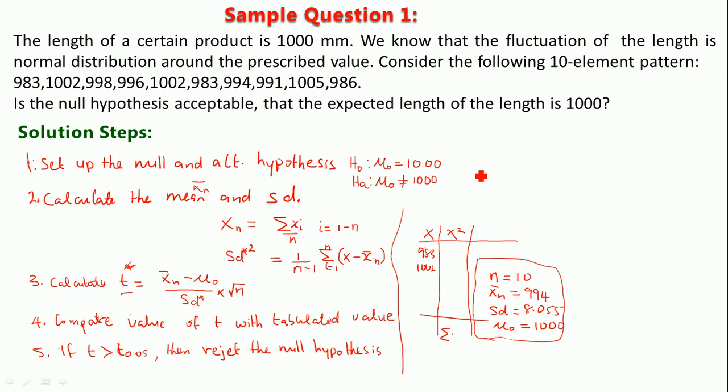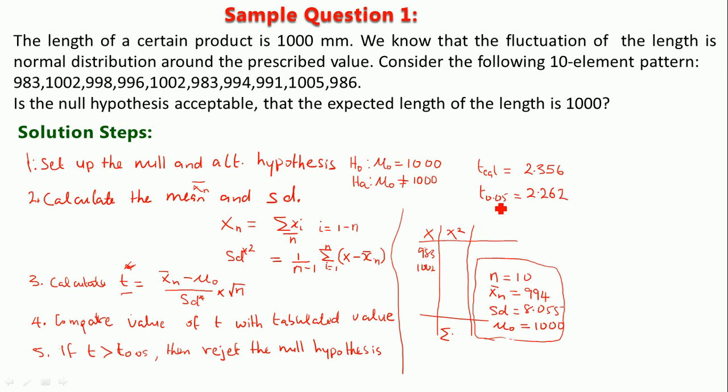So me, I got the value of t. The t I calculated to be 2.356, and t from the table I got it to be 2.262.